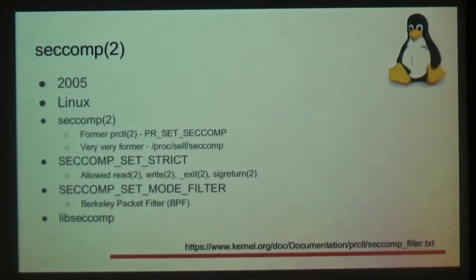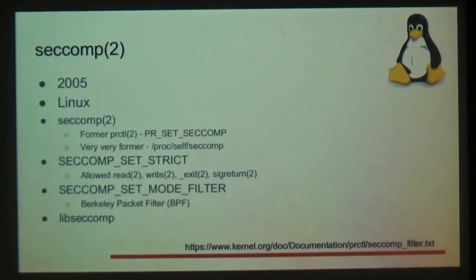Seccomp gives us a simple system called seccomp, which can work in two modes. First one is called strict mode, which allows us for very simple things like read, write, or close. And with this strict mode, we cannot do a lot. It's a very inflexible method. We could only do very simple things.